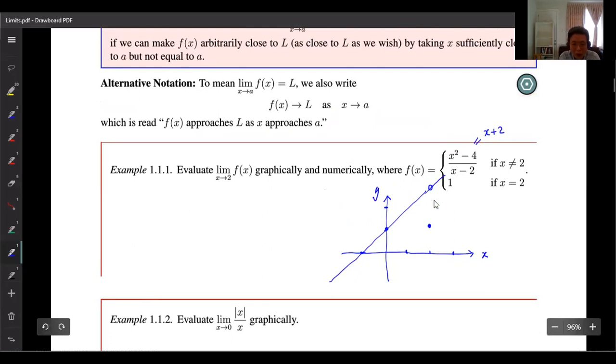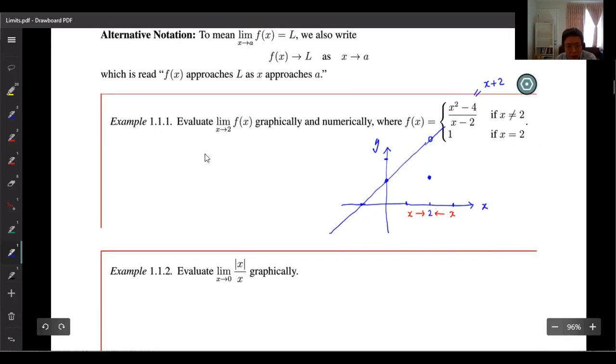How about this? We say, when x approaches 2, what happens to the function?